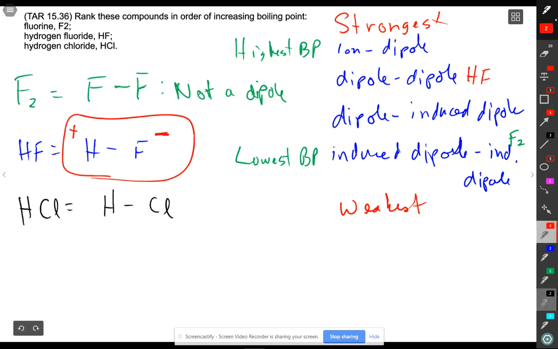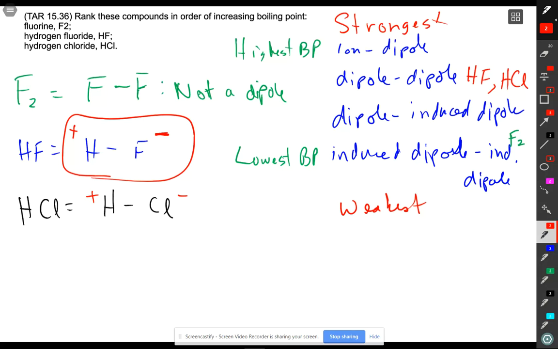So once again, I'm going to have something that's a dipole, and so I'm going to have a dipole-dipole. So now I have to decide which dipole is stronger, the one with HF or the one with HCl?